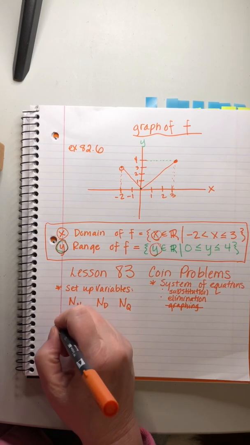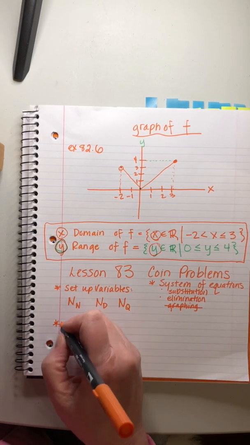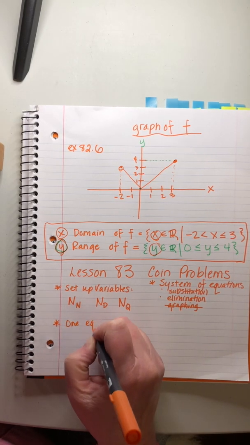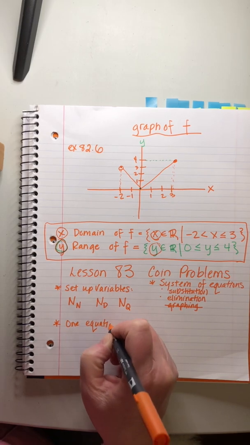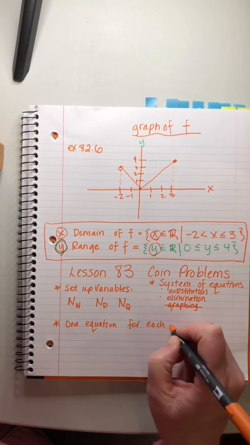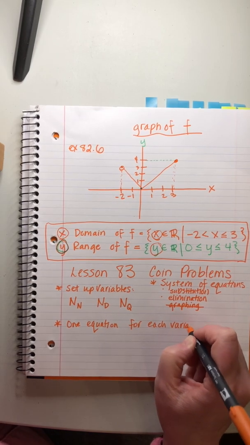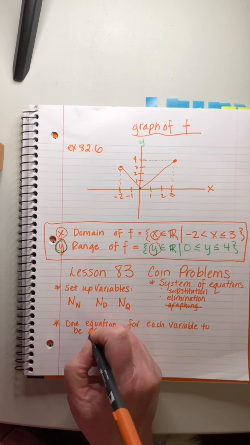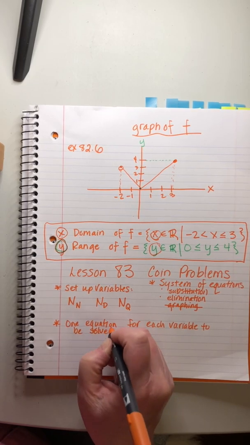So, what else do I want to tell you? We need one equation for each variable that needs to be solved. Or found, or however you want to think of that.